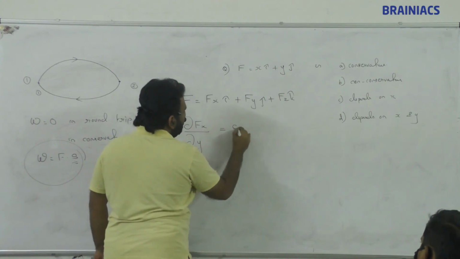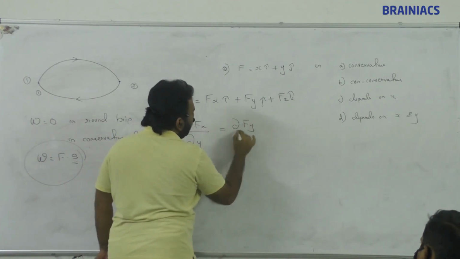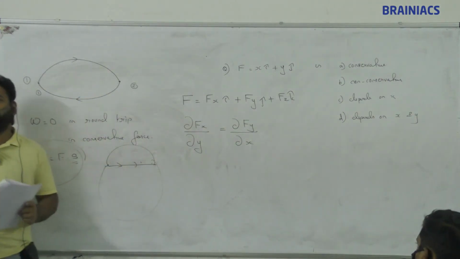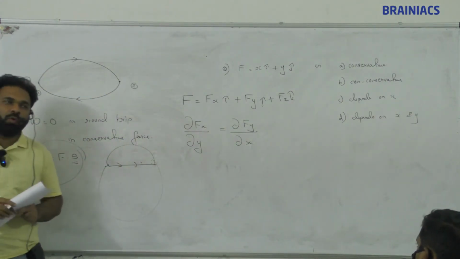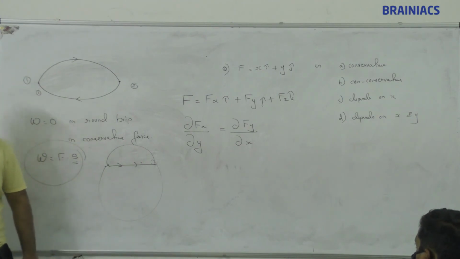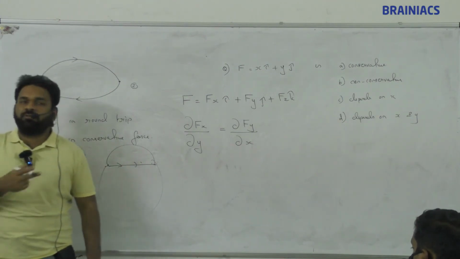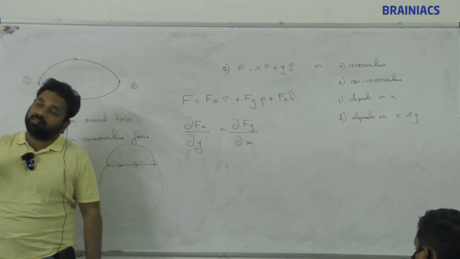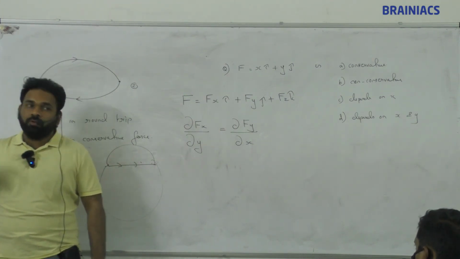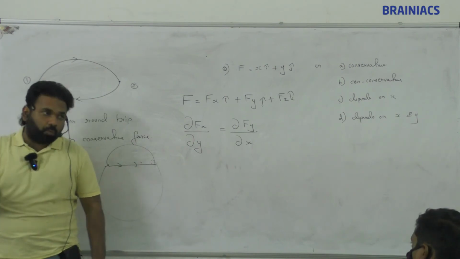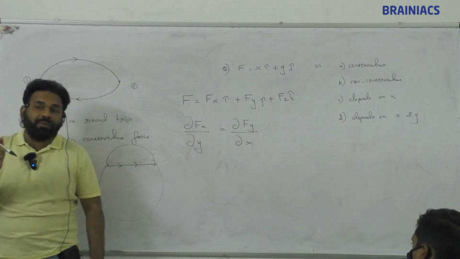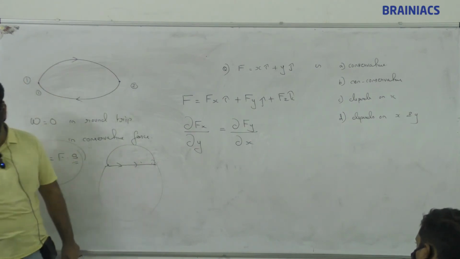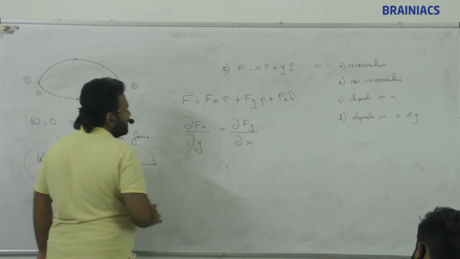If this is equal to dou Fy divided by dou x, what is the difference between d and dou? Partial differentiation. When we are differentiating with respect to x, y and z must be considered as constants. So when you differentiate y, that will become 0. It will not be 2y dy by dx. It is not like that. Clear or what? Understood? One condition is this.